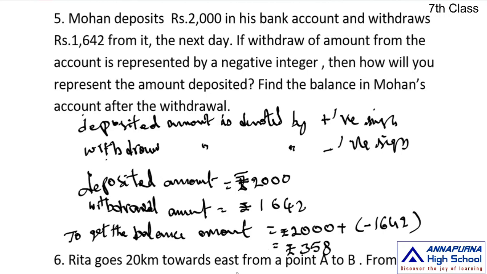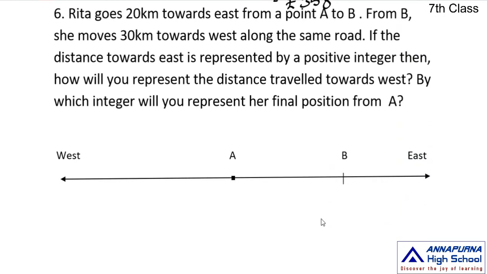Now if we come to the next one, Rita goes 20 kilometers towards east from a point A. If you take the point A, Rita goes 20 kilometers towards east from A to B. She moves 30 kilometers towards west along the same road.